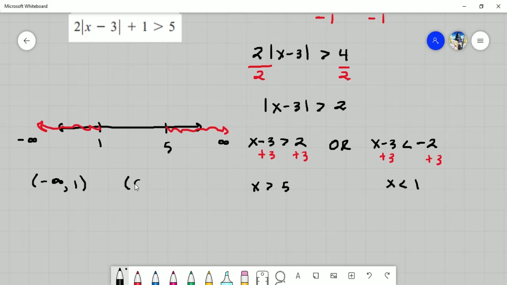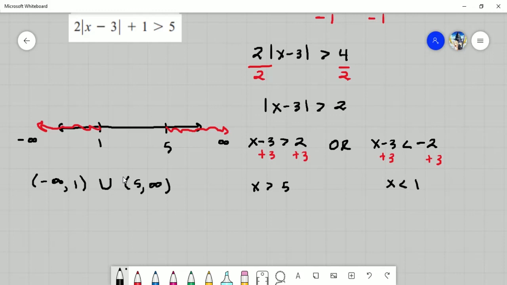It always goes from smallest to greatest to positive infinity. Now, in order to join these two solutions into one, we will use a symbol called a union, and it just looks like a capital U. So we are just joining these two separate solutions together into one.